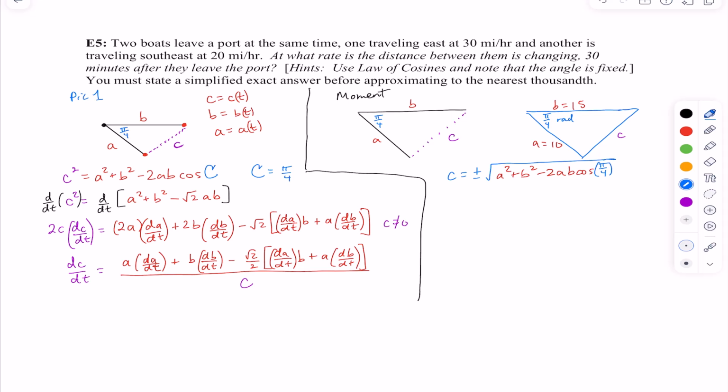Now simplifying this, we know C has to be positive. Most of this is simply algebra. Just be very precise with it, be very confident with it, and you'll be in good shape.